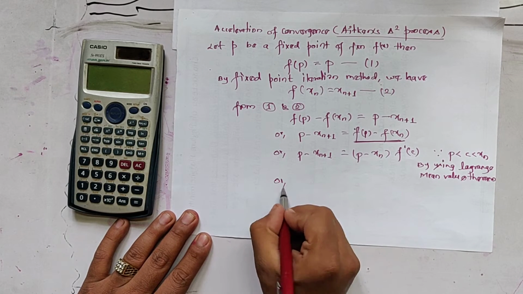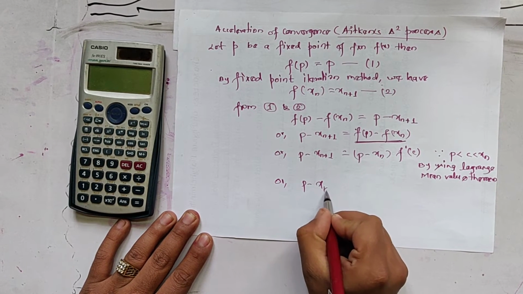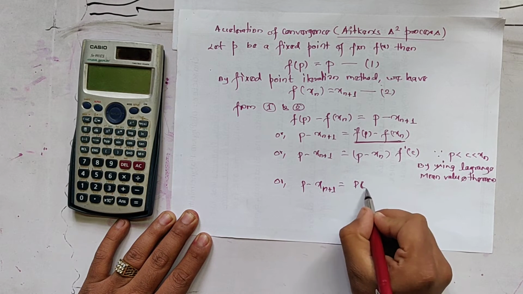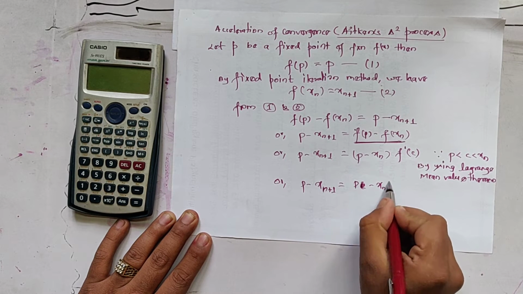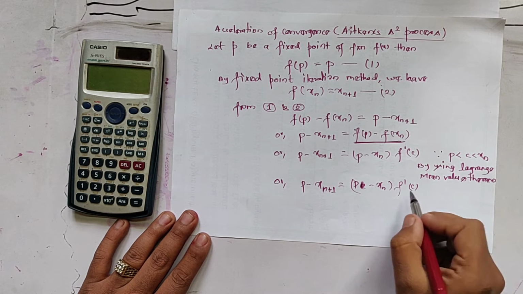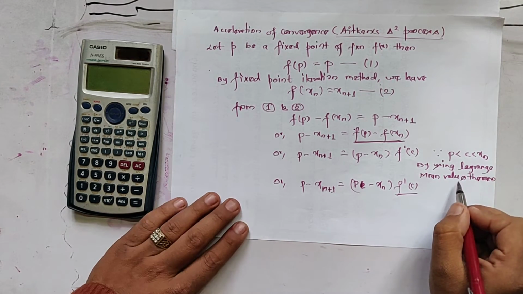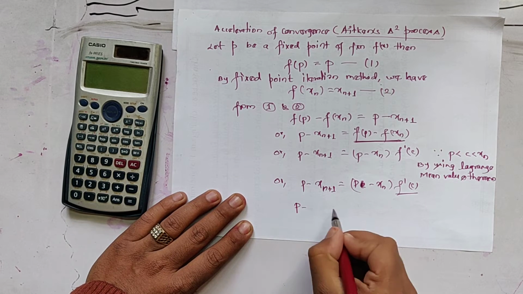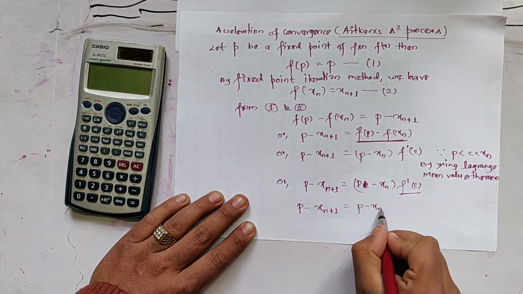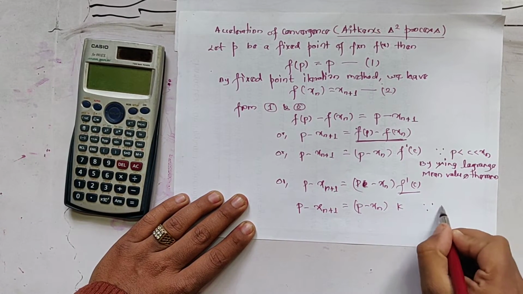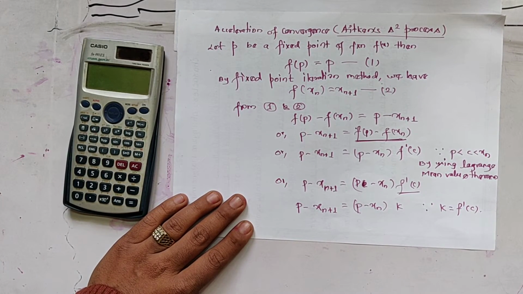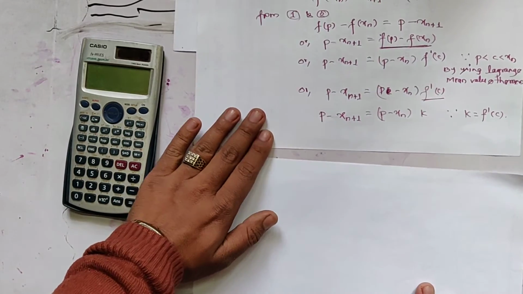Or p minus xn plus 1 equals p minus xn f dash(c). Let this be represented by a constant k. So we get p minus xn plus 1 is equal to p minus xn into k, where k is equal to f dash(c).